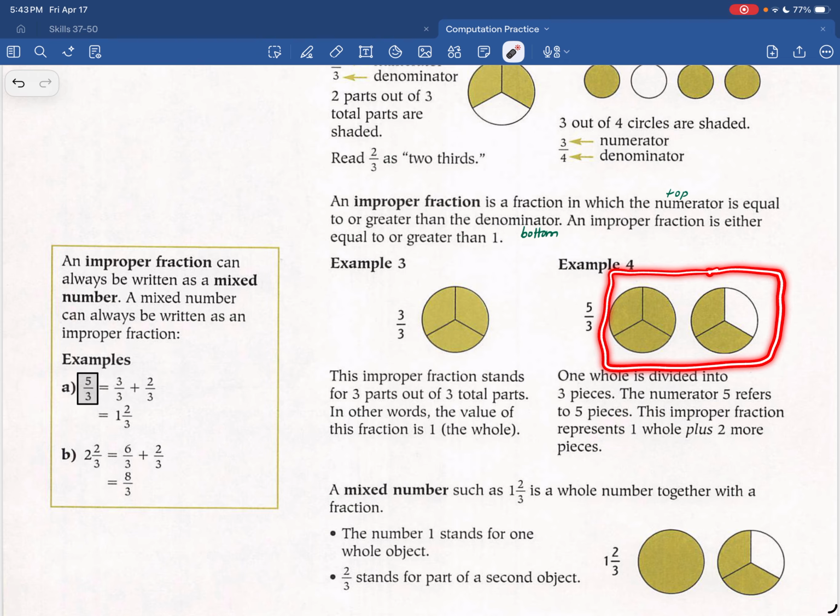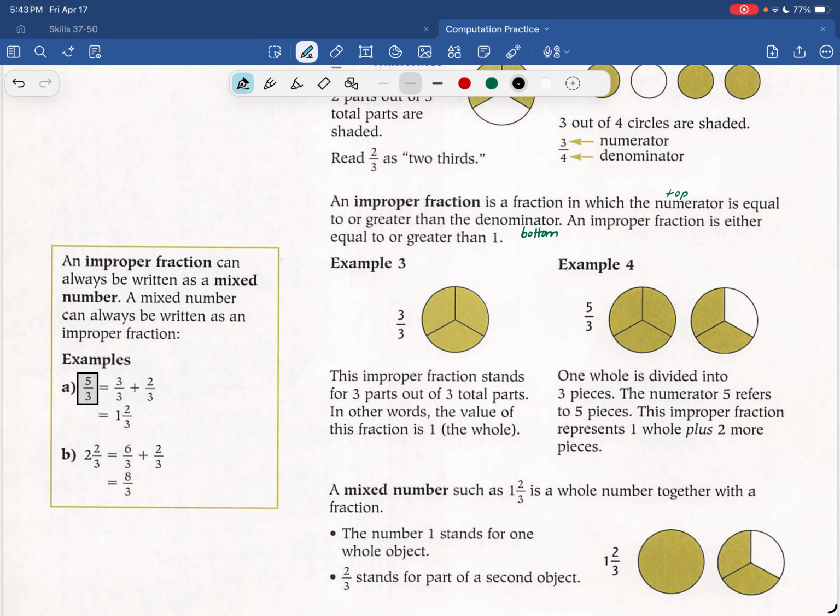And that's the same as 1 whole and 2/3 of another one. We can see by looking at that picture that 5/3 and 1 and 2/3 are the same amount. You could also start with the 2/3.